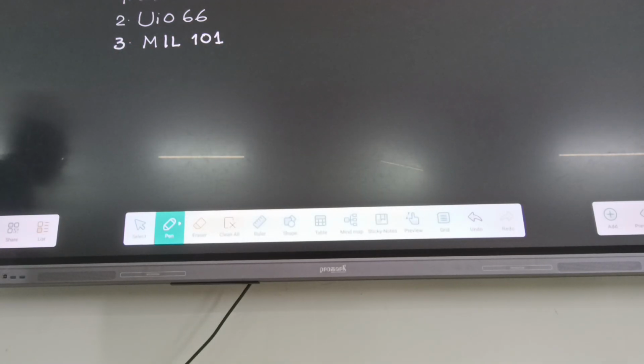ठीक है. So all the basics about the MOF sensors जो डिस्कस कर रहे हैं.